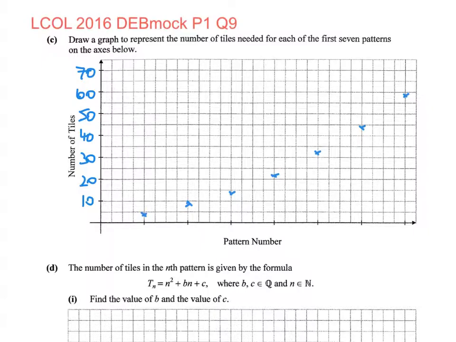You do not need to actually connect those points. There would be an argument to say you could do a bar chart where you've got bars coming up. There should be no issue there. Certainly there wouldn't be a requirement to do one particular graph rather than another. The key thing is they're expecting to see that sort of curve shape.